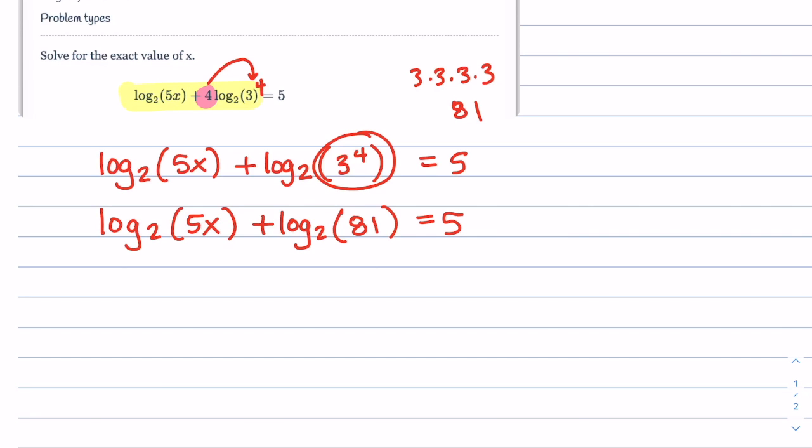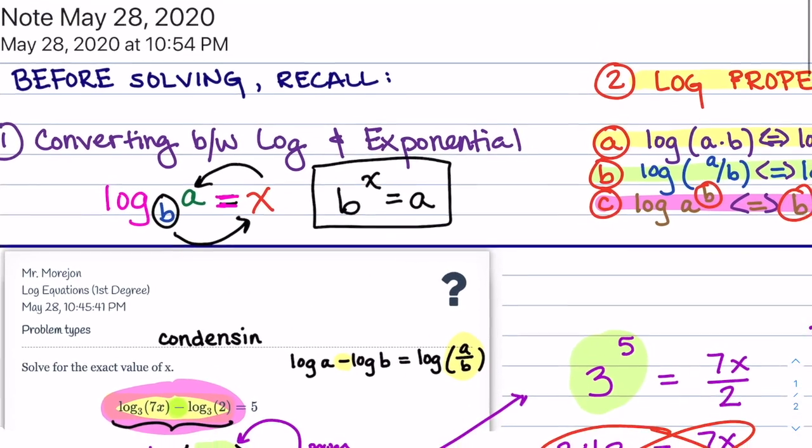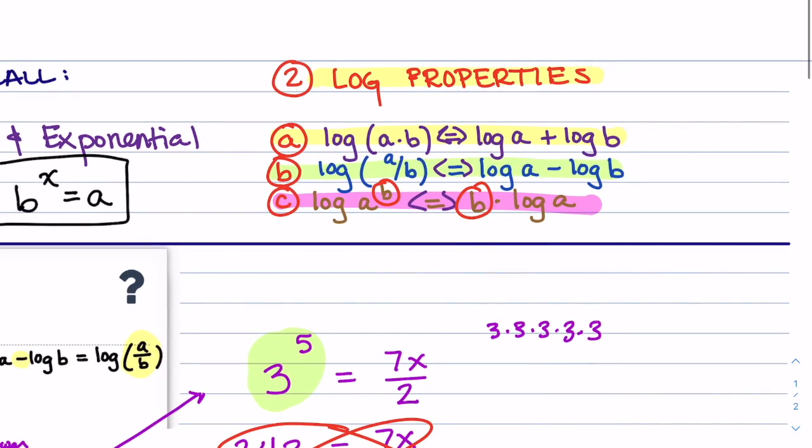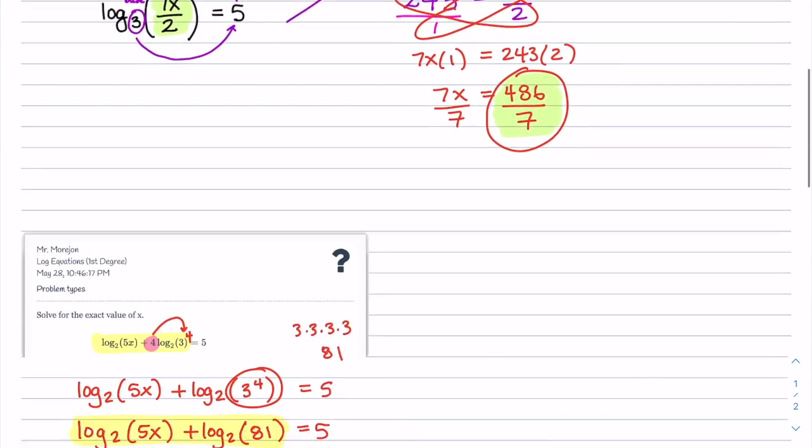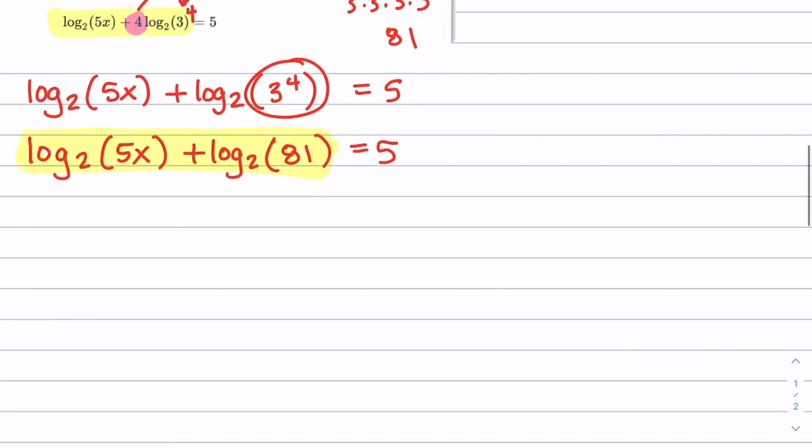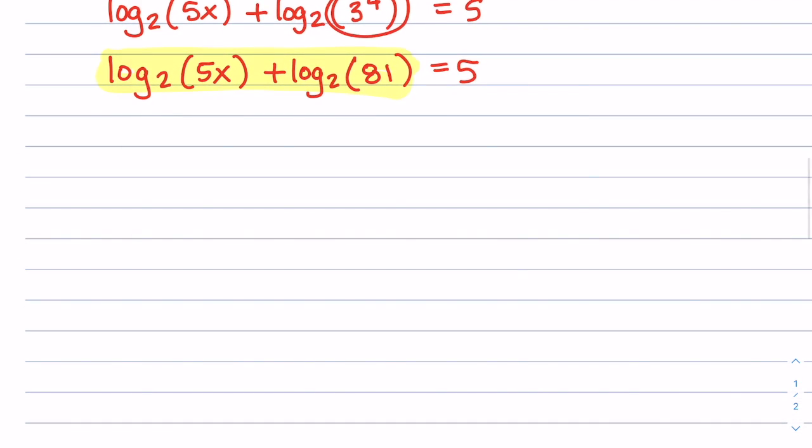Okay, so now we're in the perfect place to do a condensed version of this log. What does the rule say if we have addition between 2 logs? That is the same as multiplication inside of 1 log. So I'm going to apply that property.